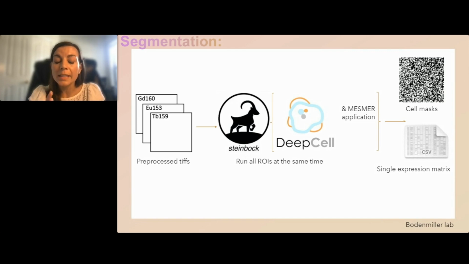And so this is reducing the time that an operator can spend in training each image. And the output of the segmentation is always a cell mask for each image or each region of interest, and a single-cell expression matrix that is then used for downstream analysis.